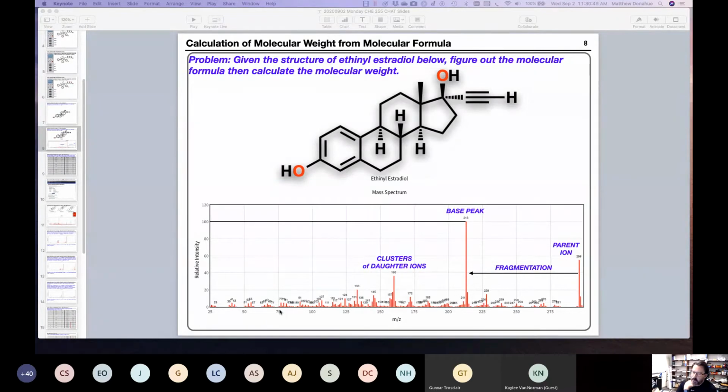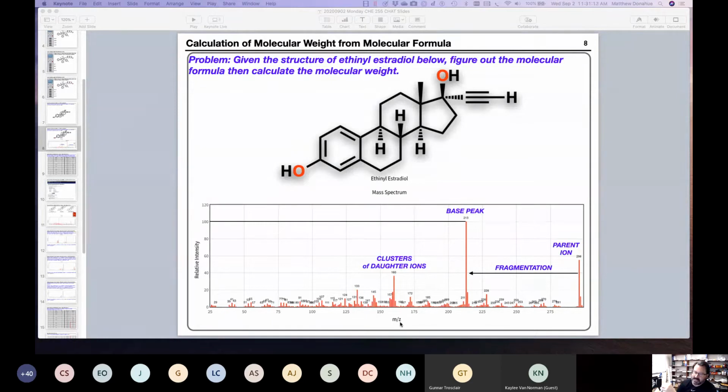So let's point out, so we're situated, we understand what we're communicating when we interpret this. The x-axis is called mass over charge, m over z. Z is defined as charge.